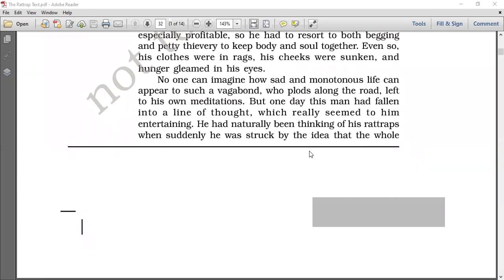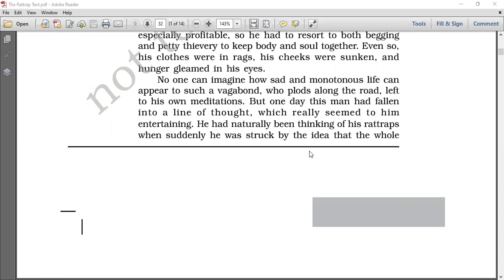The author is giving us additional things. No one can imagine how sad and monotonous life can appear to such a vagabond who plods along the road. Underline the word plods: it means wandering or walking here and there along the road, and left to his own meditations.